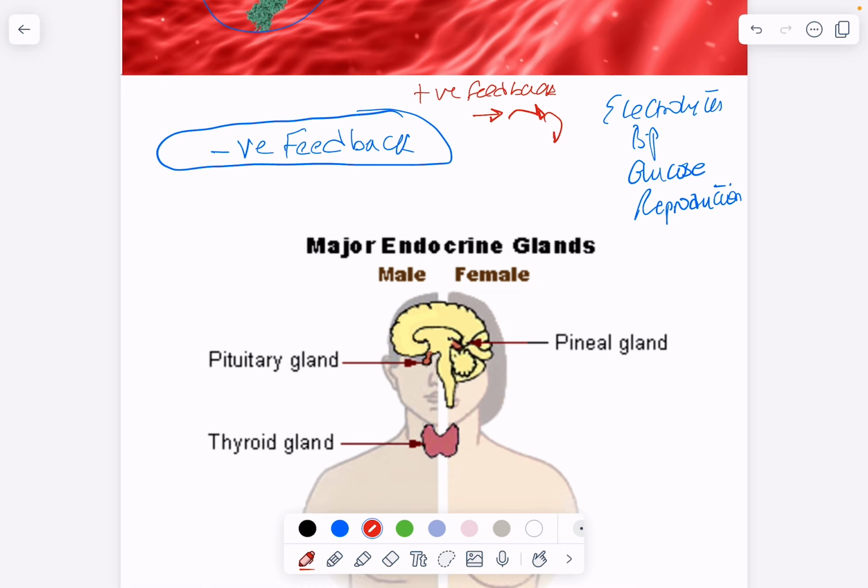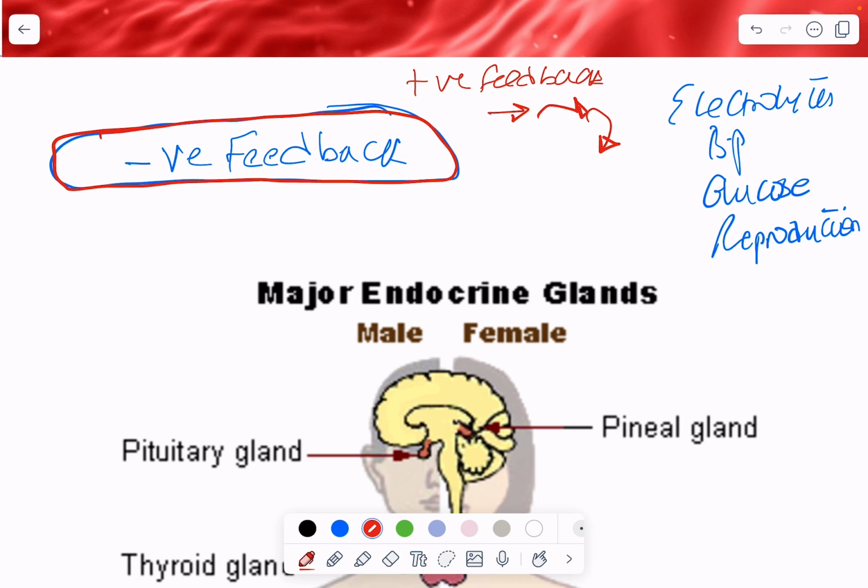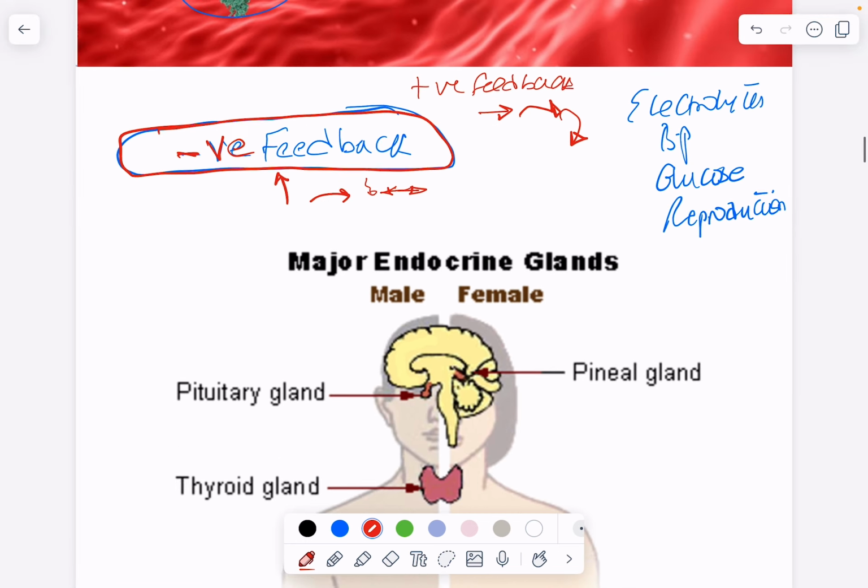That's like a multiplication. However, usually with all forms of hormones there is regulation to prevent anything excessive, and that is through negative feedback. That is, when there is more of the hormone, something happens to allow less of it to be secreted so that it goes back to the level that we want. All right, I'm going to explain this further.